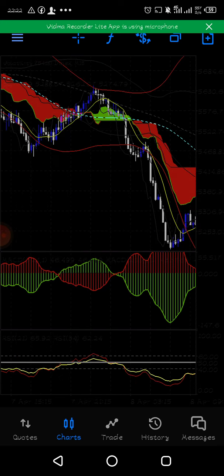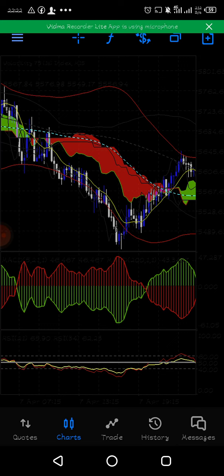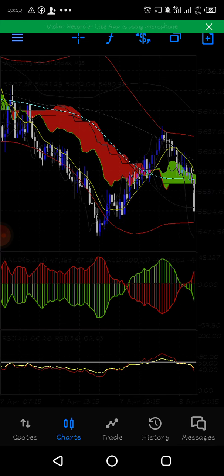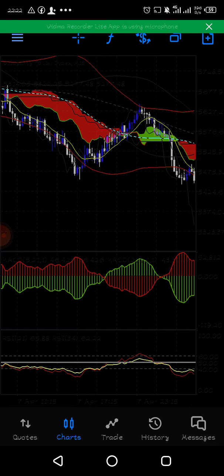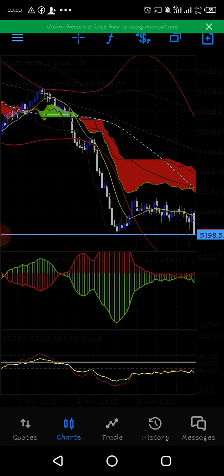Then when do we exit? We exit when our candlestick crosses, immediately after it crosses either the lower band or the higher band and starts ranging. That's when we close our trade.